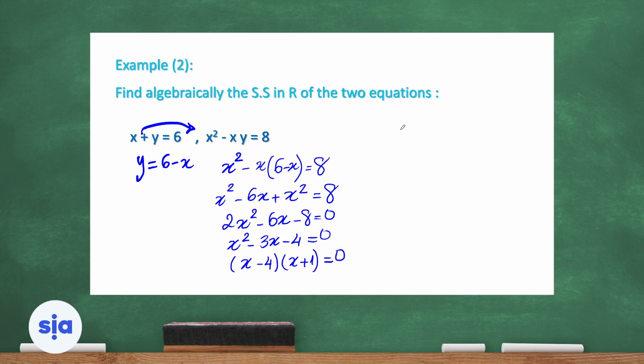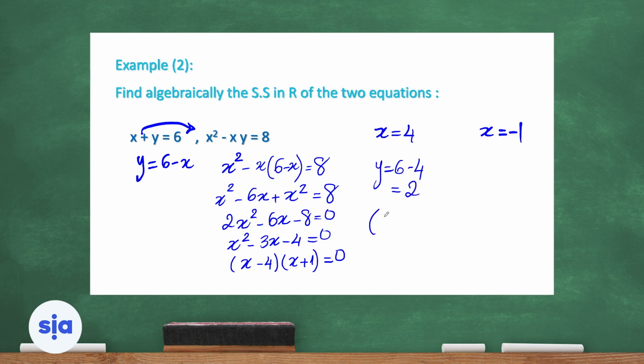So x would be having two values. It's either 4 or -1. As long as x would be having two values, then y would be having two values as well. So if you substitute this value of x equals 4 in y equals 6 minus x, y equals 2.